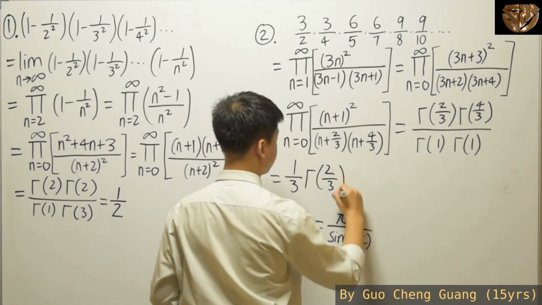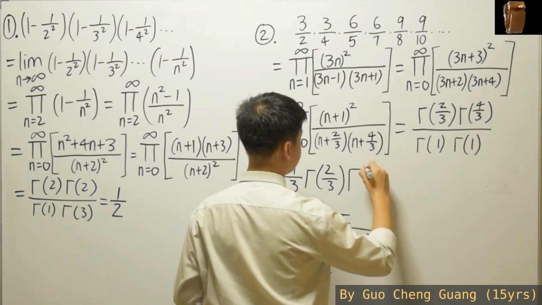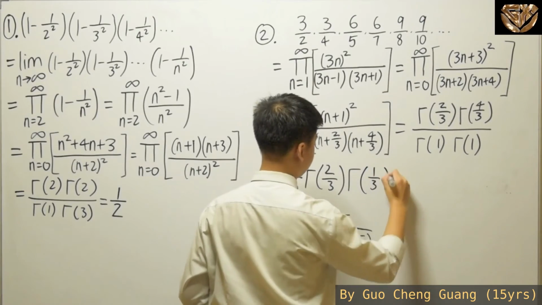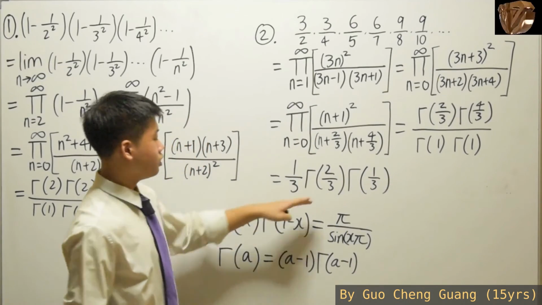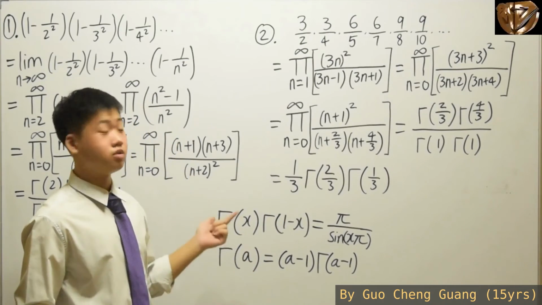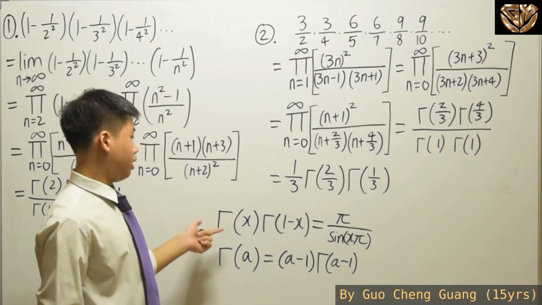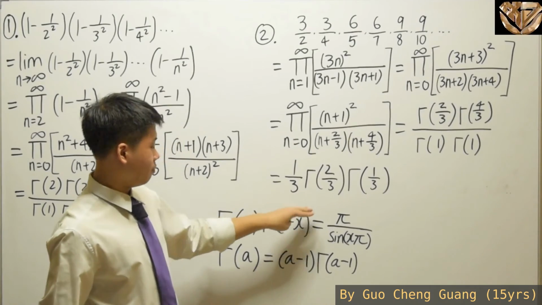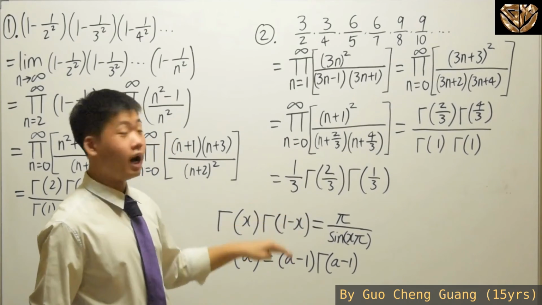So your gamma of 2 over 3 stays, and now these two add up to 1, where we can use our Euler's reflection formula. So you have pi over sine of pi over 3.